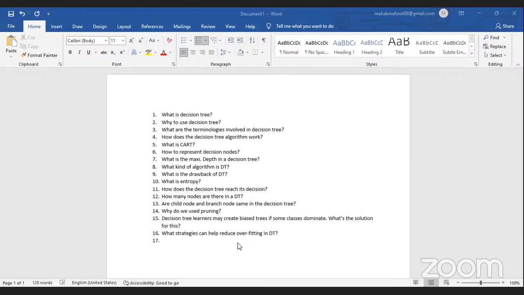Instead we use pruning. And we also use the right hyperparameters. That means we can define the maximum depth, like max depth equals 4 or 5, so it would not get segregated more than that number.